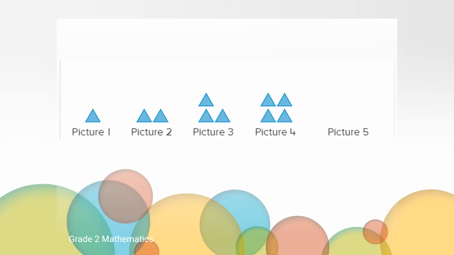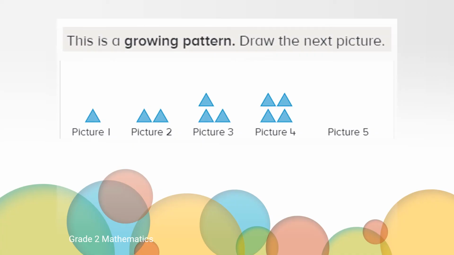Now it's time for you to use your paper and pencil you brought with you for this lesson. This is a growing pattern. Draw what the next picture would look like.